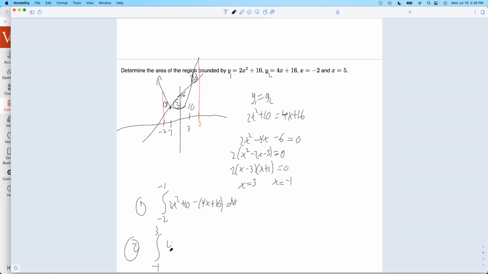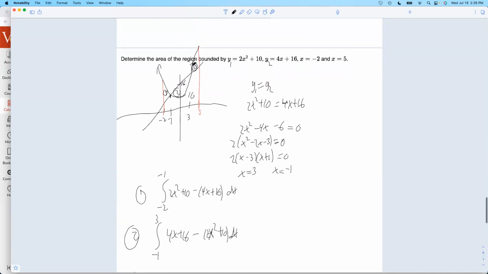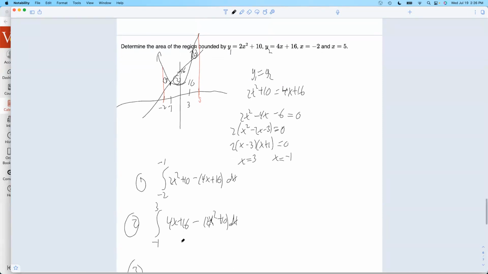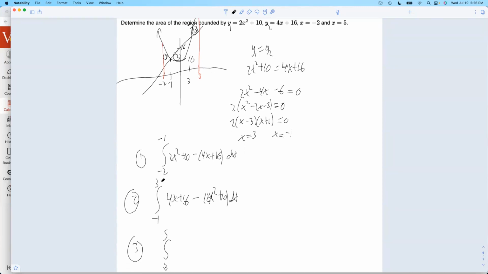The line is on top. 4x plus 16 minus 2x squared plus 10, dx. And then region 3. It's going to look just like region 1. The parabola is on top. We're going to go from 3 to 5. So it's going to be exactly the same integrand.